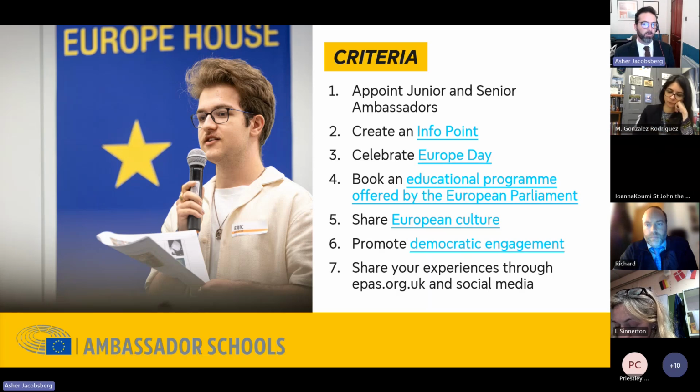Creating an info point is the second criterion. This is somewhere where people in your school or college community can find out more about the things which their ambassador schools team is trying to promote. You might have things on there about promoting what the European Parliament is doing, or about how you can engage with your local democracy at a town, national, or UK-wide level.